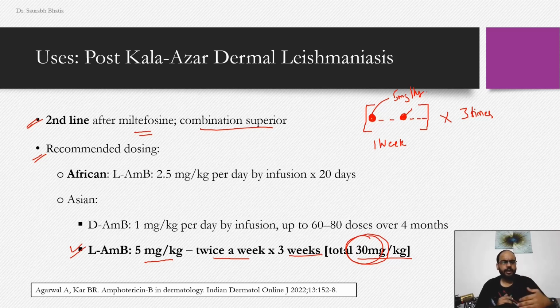Go through these individual articles, you will find there are so many different types of doses available. So no particular dose is definitive. You just have to tailor the doses as per your indication, your patient profile and side effect profile, and how well your patient is tolerating amphotericin B.